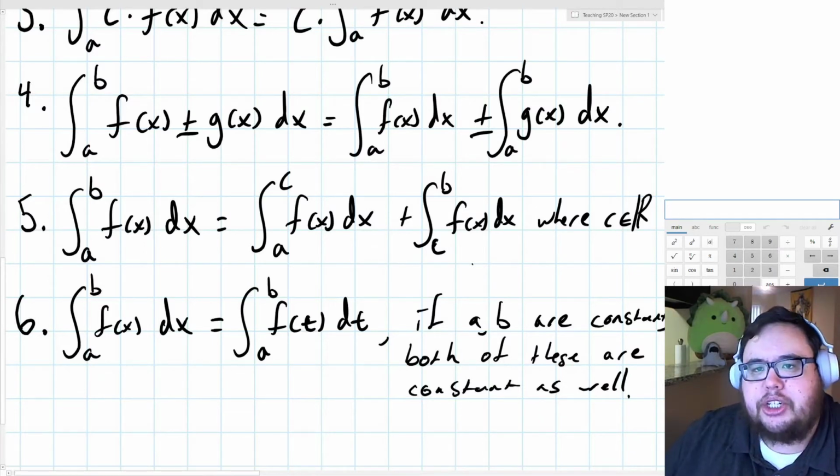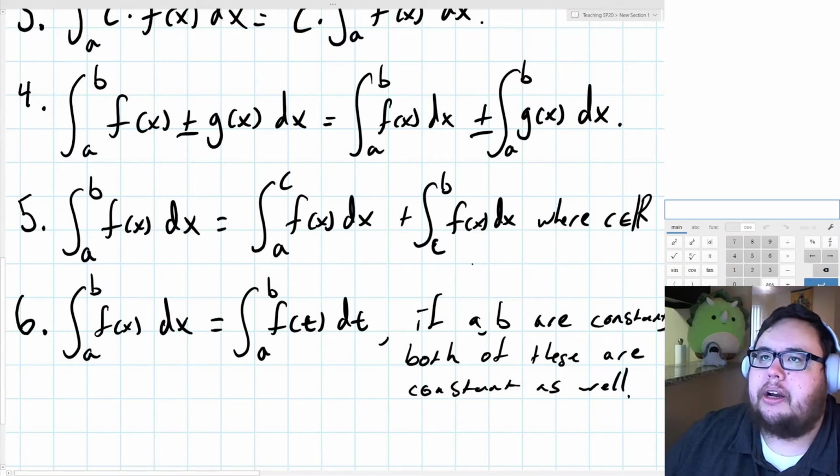If you just change the variable, it doesn't actually change anything that's happening there. And in general, if your bounds are numbers, you should expect your answer for a definite integral to always be a number. Okay.